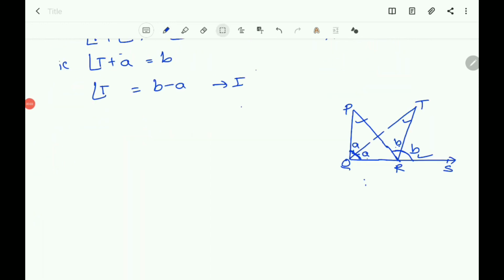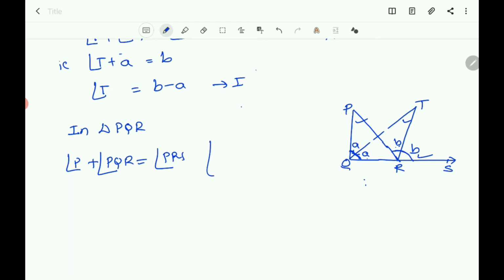Then you take the triangle PQR. Here PRS is the exterior angle. So in triangle PQR, angle P plus angle PQR is equal to angle PRS.